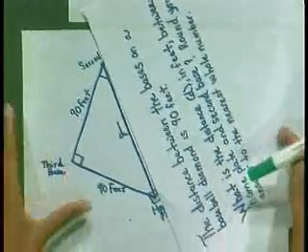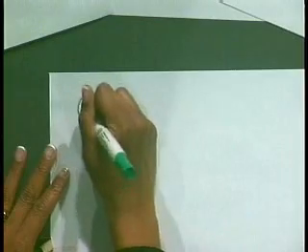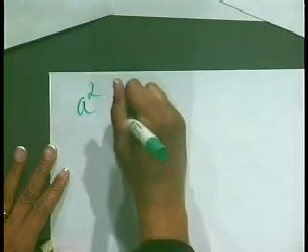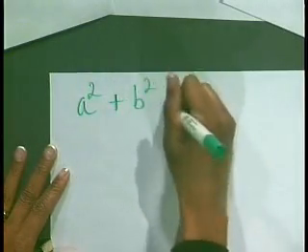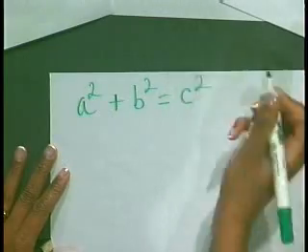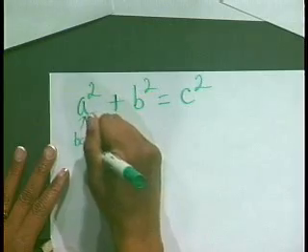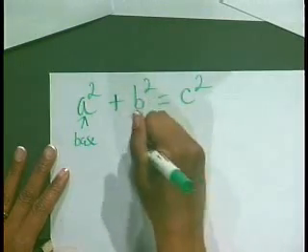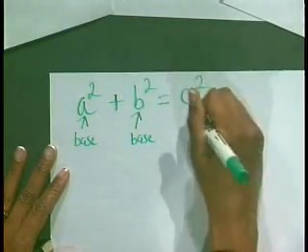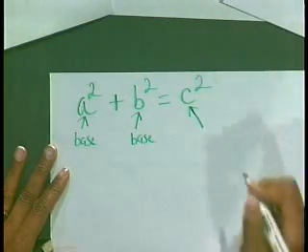The formula for the Pythagorean Theorem consists of a squared plus b squared equals c squared, where a and b are your bases and c is called our hypotenuse.